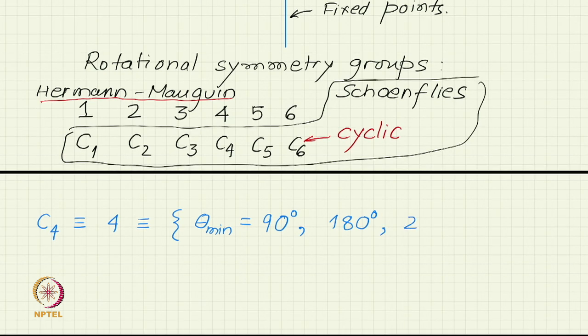Then 90 further applied is 270 degree. So, that also should be part of the group. Instead of rotating by 90 degree, if you rotate by 270 degree, still the square will come into self coincidence. And finally 360 degree, but 360 degree rotation is equivalent to no rotation because points come to the same place.